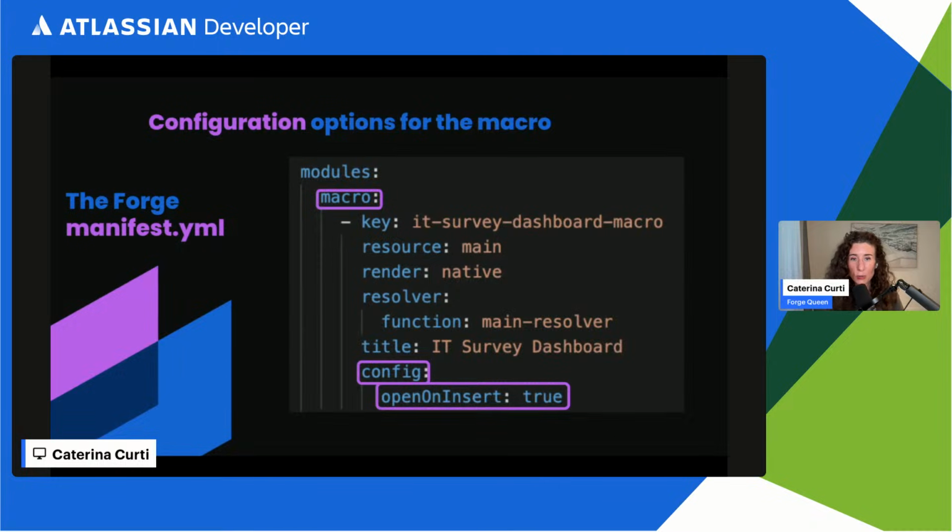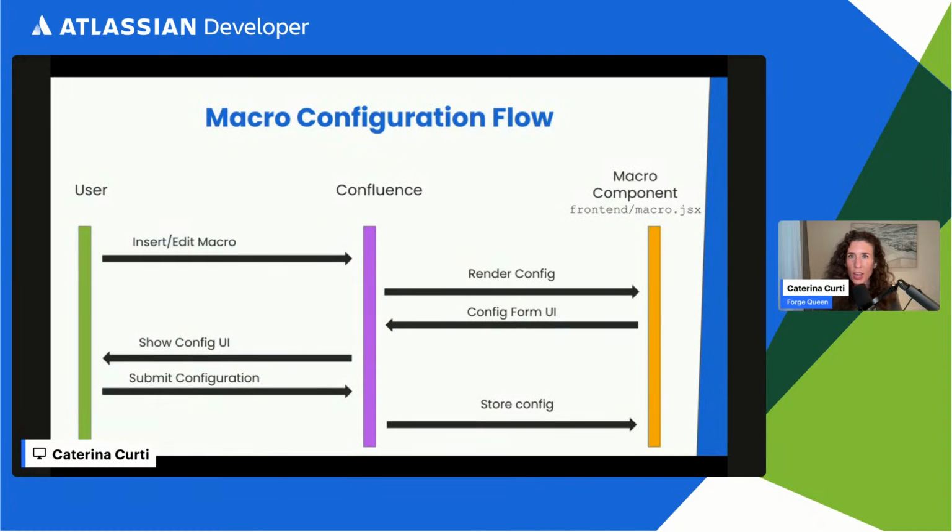So in the manifest, we have the open on insert option, which is part of the config property. This is how you can control if the configuration of your macro should open when you are adding the macro or not.